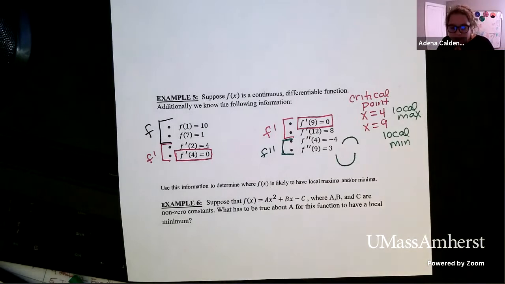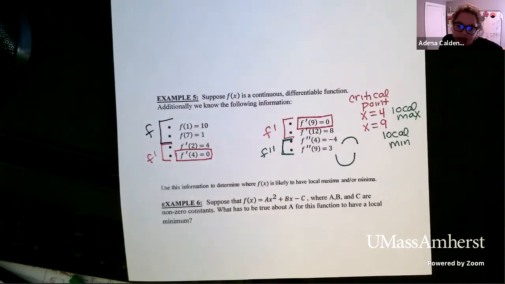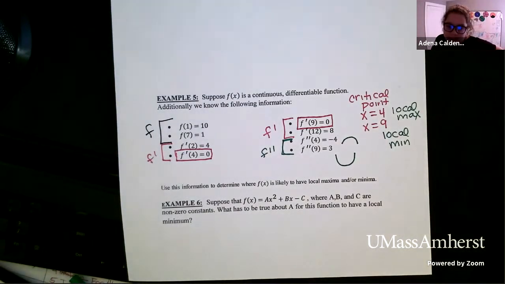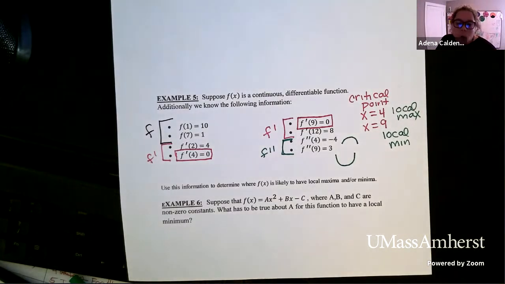Okay, and then let's see, the last example we have: suppose that f of x equals ax squared plus bx minus c, where a, b, and c are non-zero constants. So they're just numbers. What has to be true about a for this function to have a local minimum?